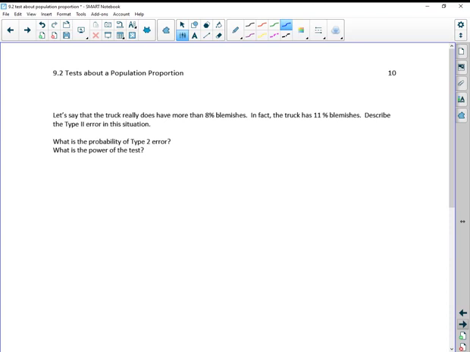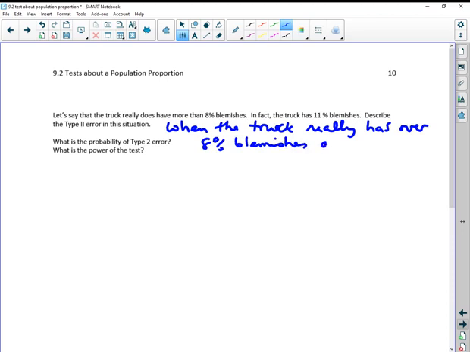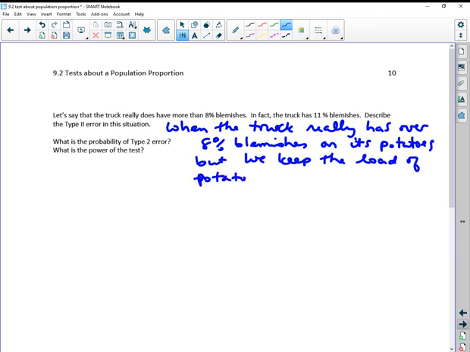Type 2 error would be when the truck really has those bad potatoes, really has over 8% blemishes on its potatoes, but we keep the load of potatoes, and we just made chips from the potatoes.